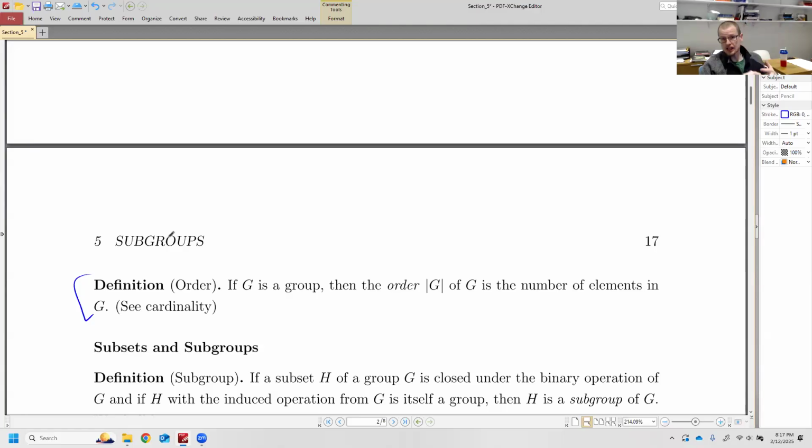But the group with 2 elements is a group of order 2. The group with 3 elements is a group of order 3. And later on in this particular section, we're actually going to look at the groups of order 4 because we start to get distinctions. We have 2 different groups of order 4, and we're going to make the distinction between those 2 groups by characterizing their subgroups. So that's kind of fun and interesting.